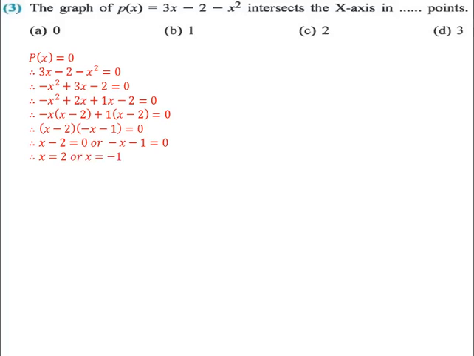Therefore, x is equal to 2 or x is equal to minus 1. So, the graph intersects at x is equal to 2 and at x is equal to minus 1. So, the graph intersects the x-axis in 2 points. The answer is 2.